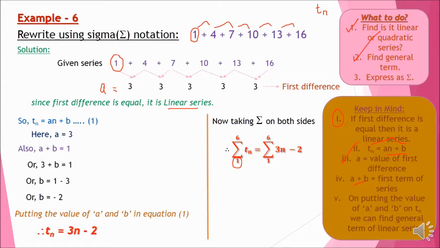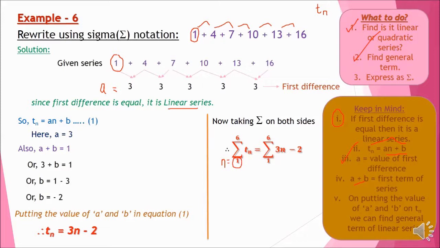It's not like that, okay? The value of n is taken as 1, and it is taken up to 6 because there are 6 terms, and I told you in the beginning also it is a finite series. There is a finite number of terms, 1, 2, 3, 4, 5, 6.